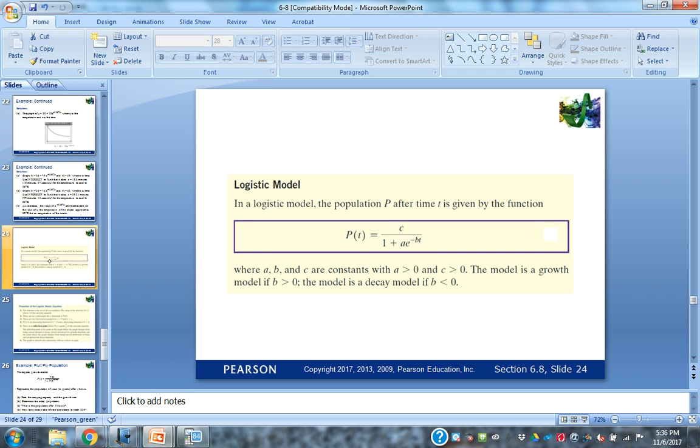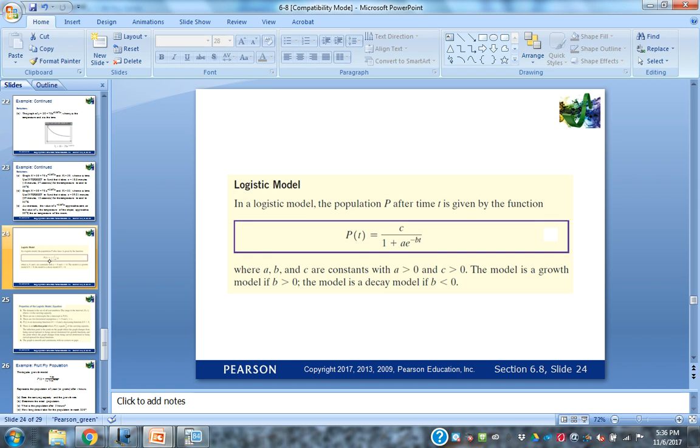If you're talking about fruit flies, there's only a certain amount that can survive in a certain environment, and there's a carrying capacity for that. And then you've got A, B, C, which are all just numbers. For growth, B is a positive number.